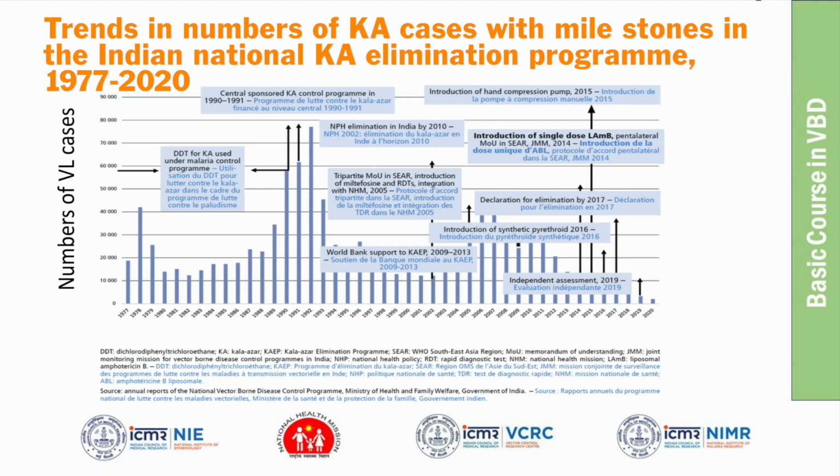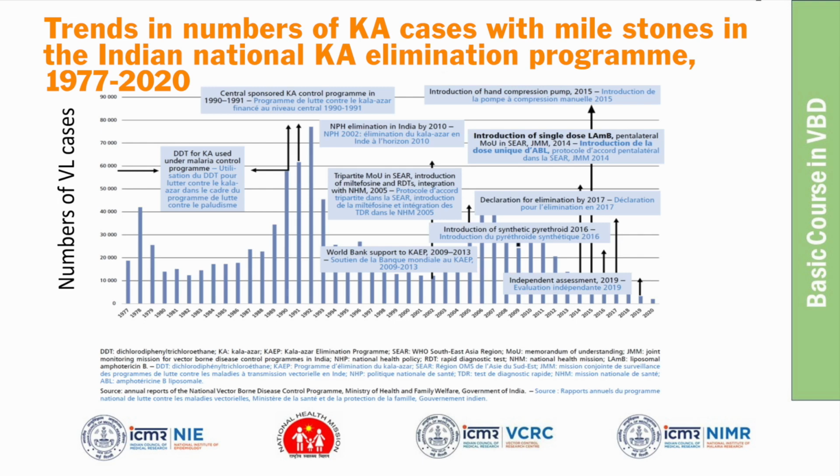And in 2015, the hand compression pump was used for indoor residual spray. Introduction of single-dose liposomal amphotericin B was in 2014. Countries have declared elimination by achieving elimination by 2017. And the introduction of synthetic pyrethroid was done in 2016.